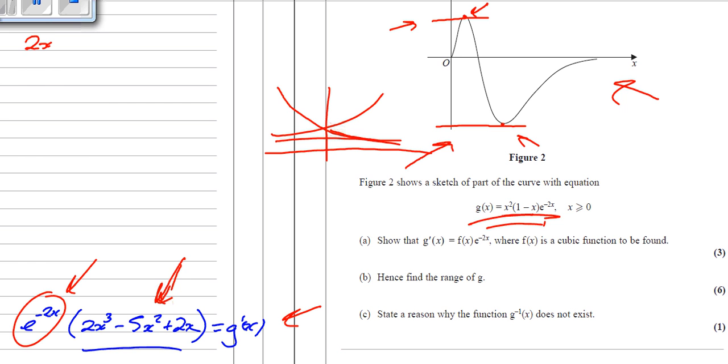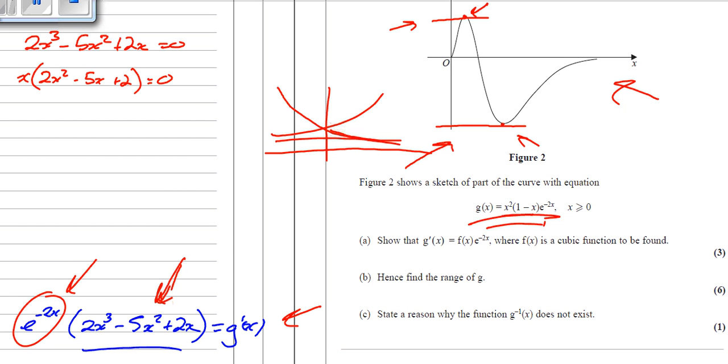So we're going to set 2x cubed minus 5x squared plus 2x equal to 0. First thing I notice is that there's an x in all of them, so let's factor that out. That's going to be 2x squared minus 5x plus 2, and I'm going to set that equal to 0.